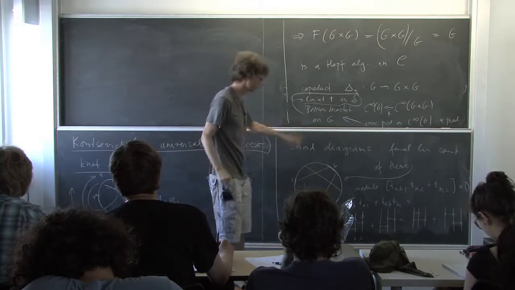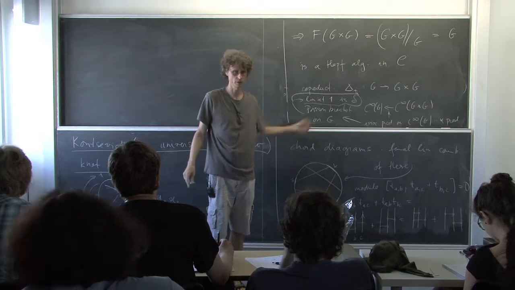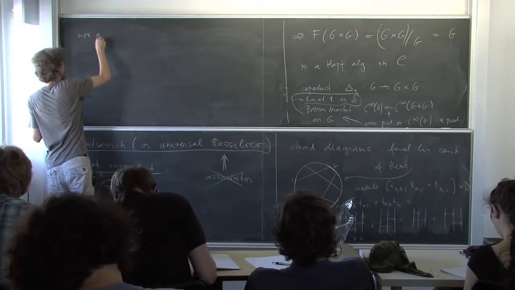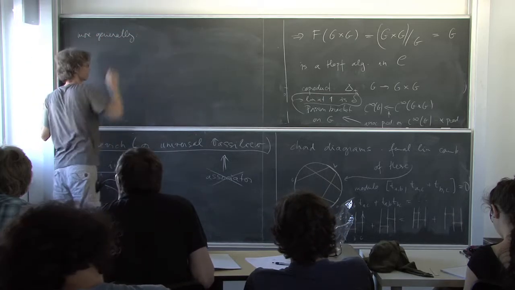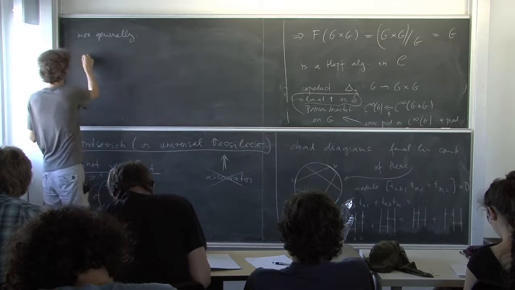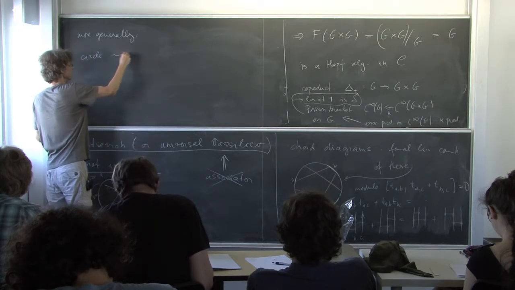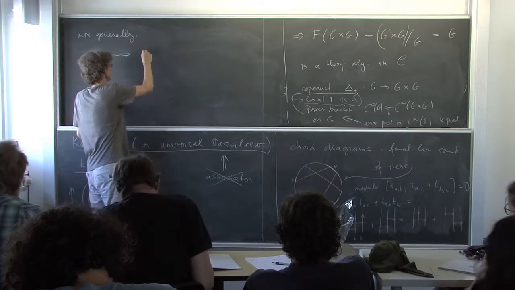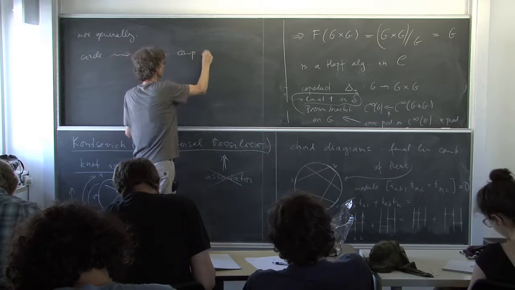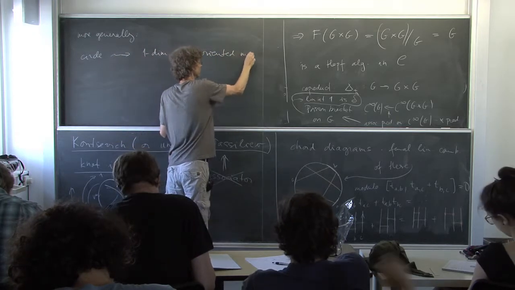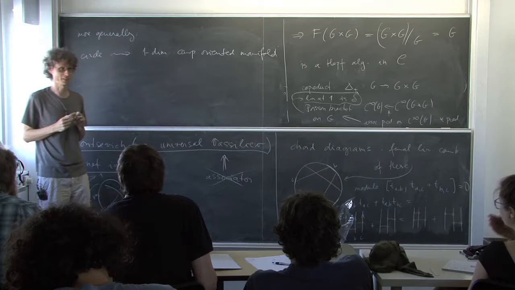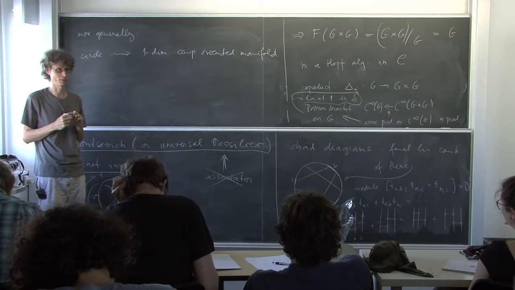So just for notes, these kinds of chord diagrams are perfectly okay when there is a single circle, but more generally, we replace the circle, that skeleton, by any one-dimensional, maybe compact, oriented manifold, which is just a wonderful way of saying that it's a collection of several circles and possibly several intervals.